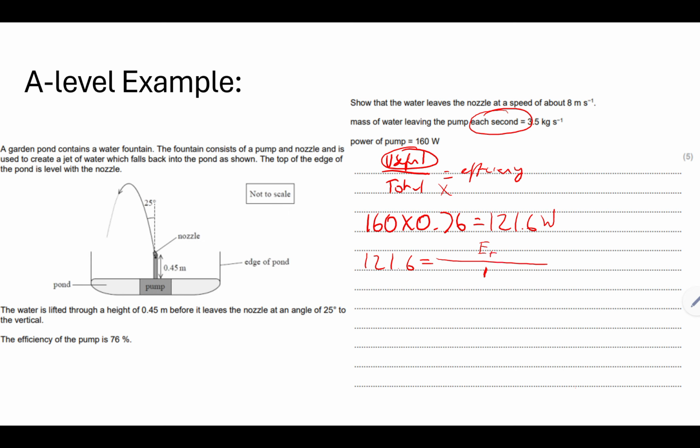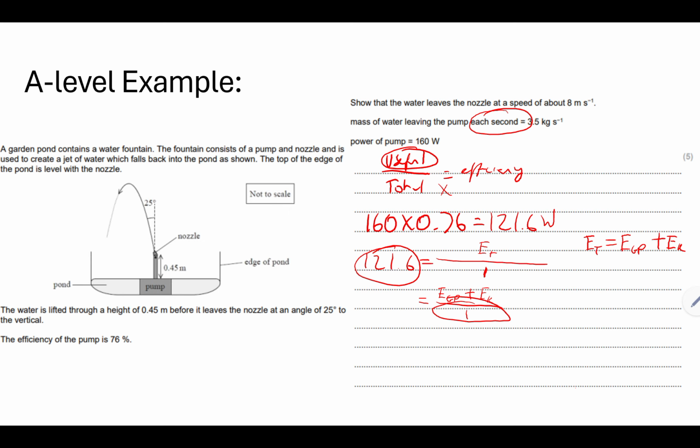And as it is going upwards and it is moving, we can write the total energy as E equals EGP, which is the gravitational potential energy, plus the kinetic energy. So we can rewrite this as EGP plus EK over 1. And that will equal 121.6. And if we times both sides by 1, as it is the denominator, it will still stay the same.